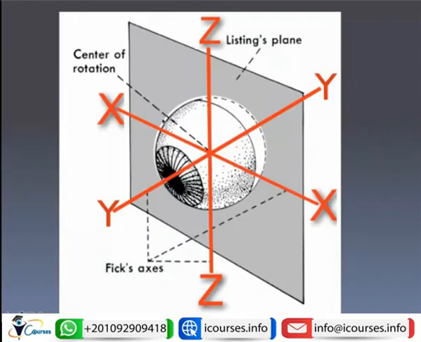This x-axis is a horizontal axis. If the eye is rotated around this axis, the eye will be rotated upward and downward. So if we have, for example, a pin that perforates the eye at the equator from side to side, and we rotate the globe, the globe will rotate upward and downward.